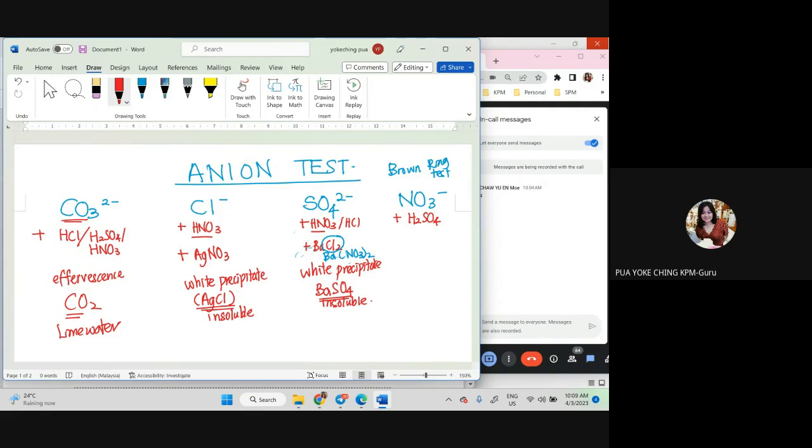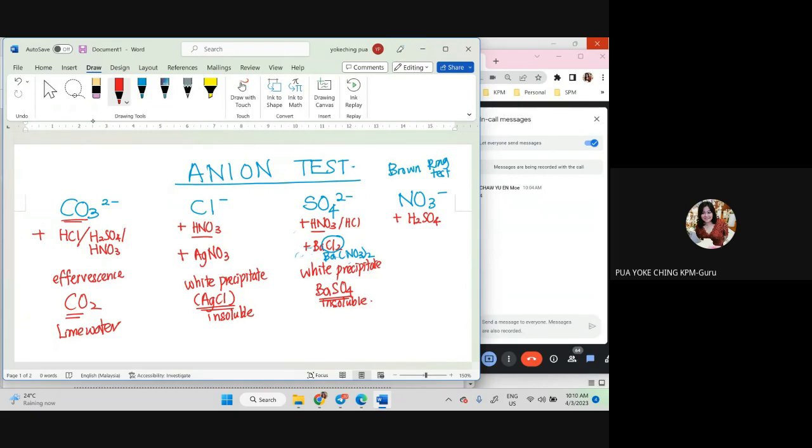Okay, to get the marks for the observation, you must use the correct reactant. Okay, dia tak boleh kata you main tambah, lepas tu you dapat observation yang betul, dapat markah. Tak. Sekarang dah tak marking macam tu. That's why a bit difficult for students to score. You need to have accurate reactant.